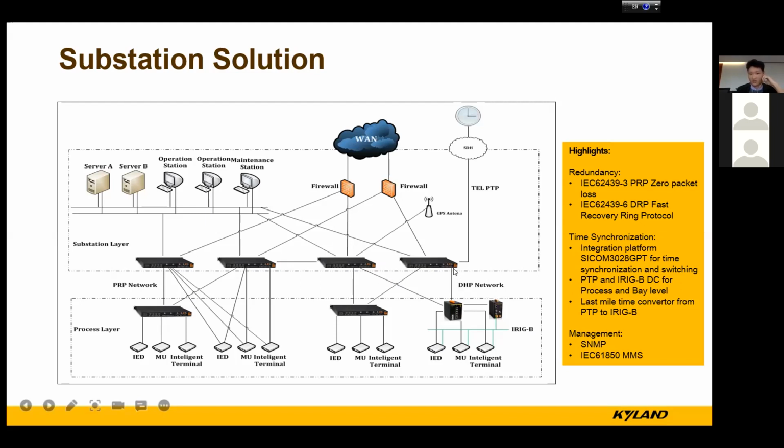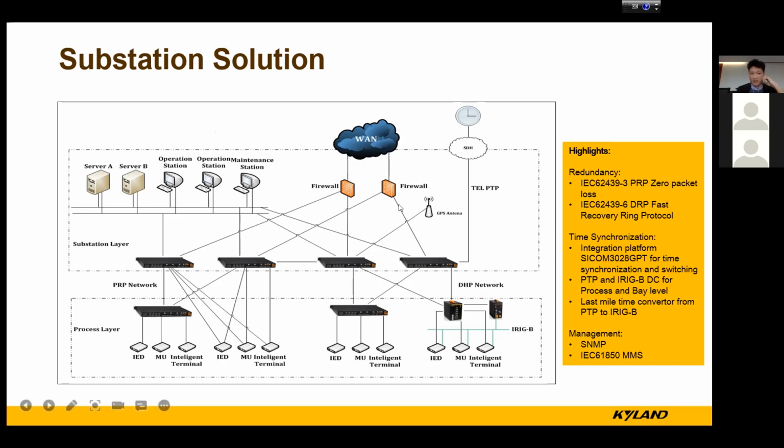And here we provided the DHP protocol, which is a private protocol of KYLAND, and it can guarantee the recovery time is less than 20 milliseconds, and it has 2 links for the upgrade. And 1 link will be in forwarding status, and another link will be in blocking status to achieve the redundancy.